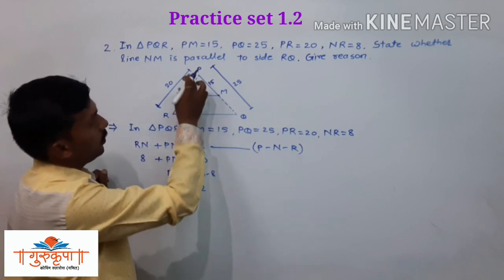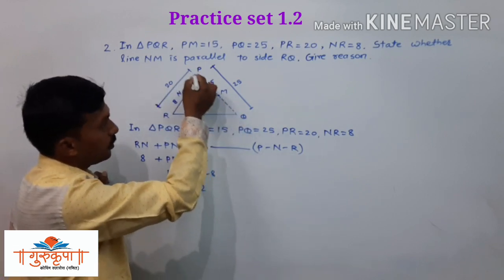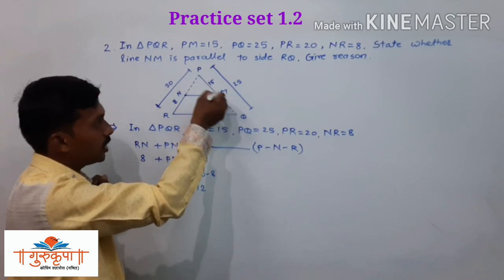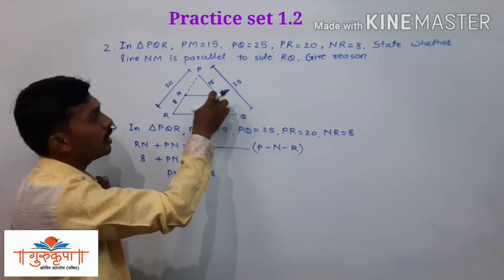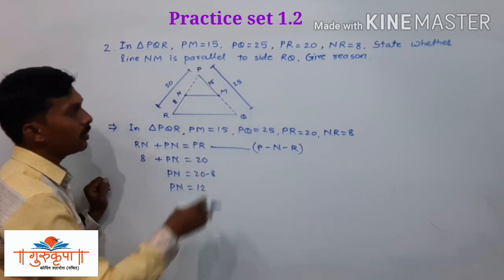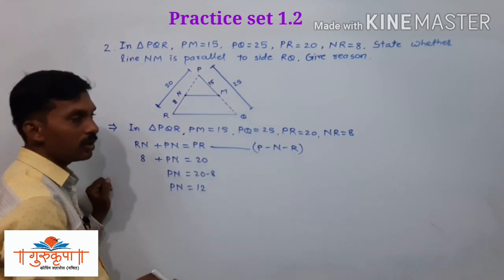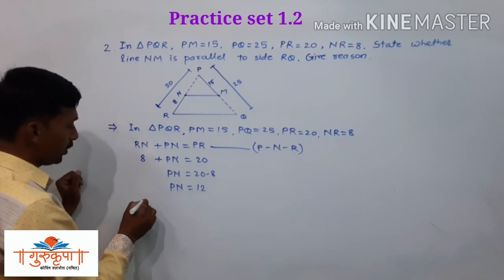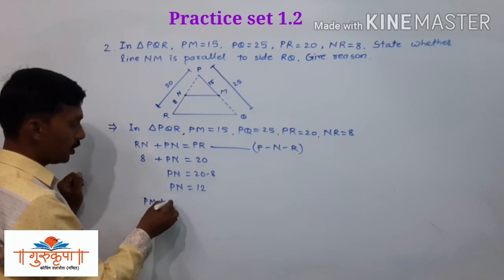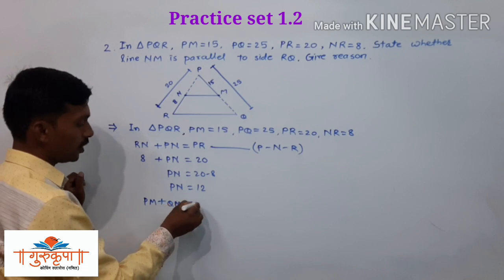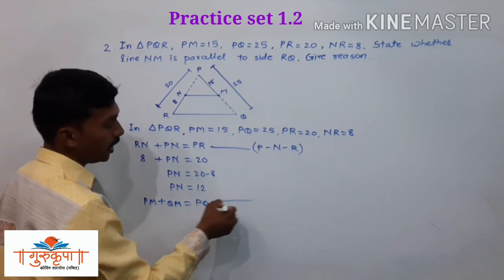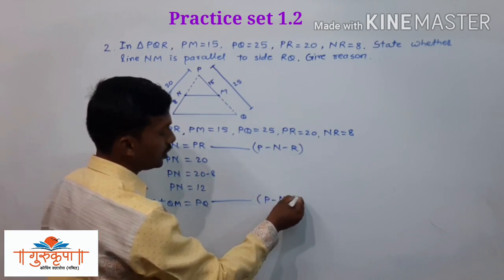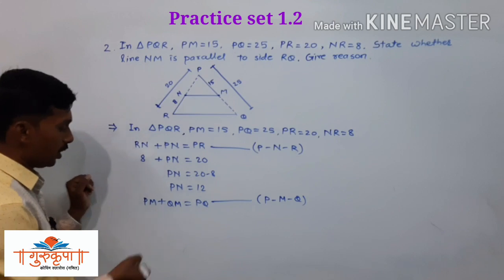Now we have found PN, now QM is remaining. For finding this ratio we have to find QM, and for finding QM we have to use the relation of betweenness, that is M is in between P and Q. So simply you can write PM plus QM is equal to PQ, and the reason is M is in between P and Q. Now put the values.